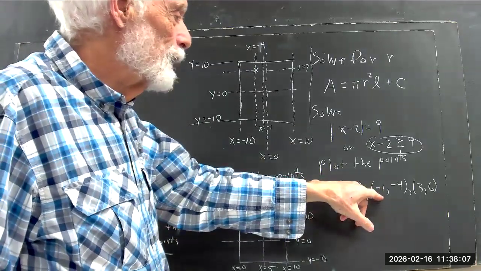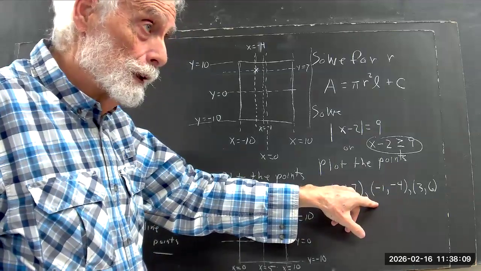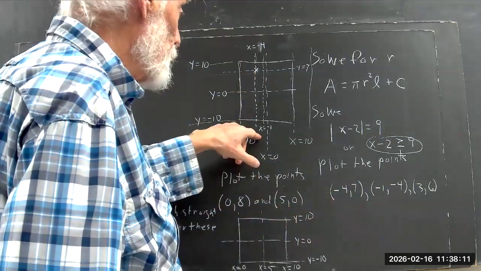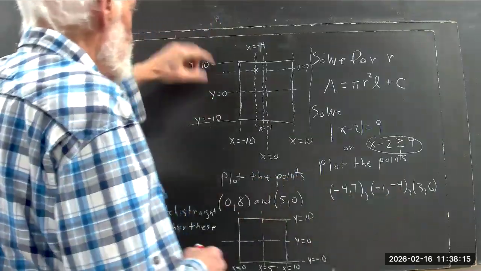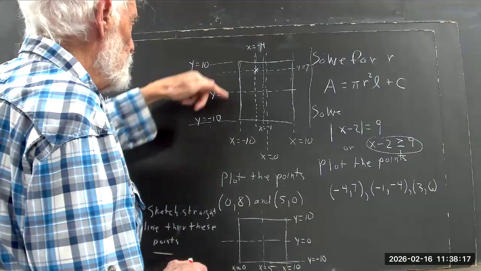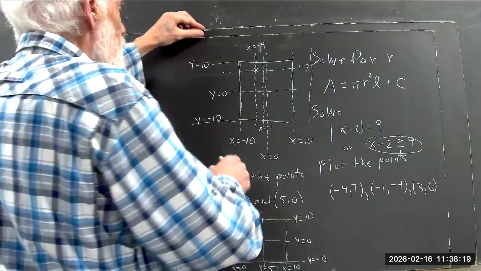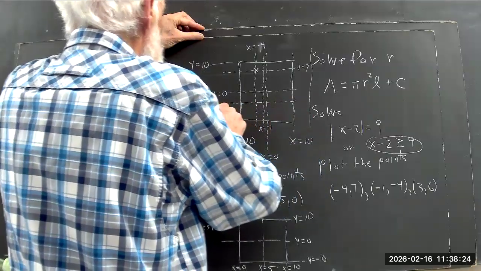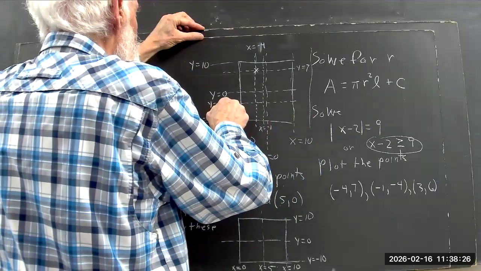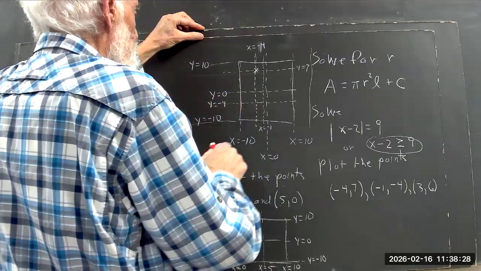Okay. And so -1, -4, we got the line for x equals -1. We want the line for y equals -4. Well, -4 is between 0 and -10, almost halfway, but not quite. So I'm going to draw y equals -4 here.